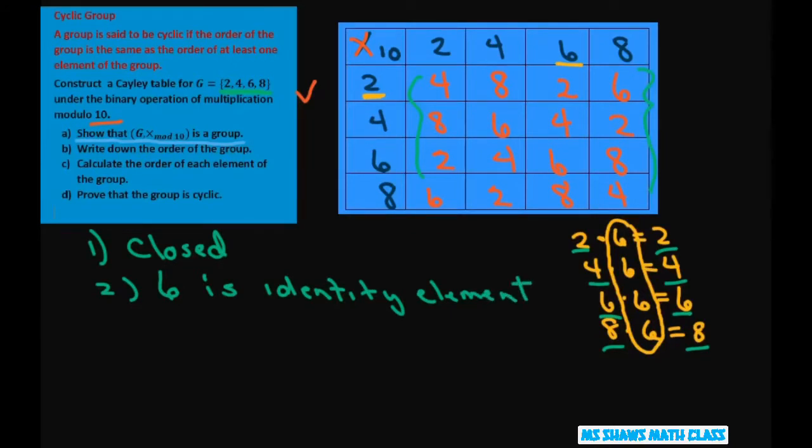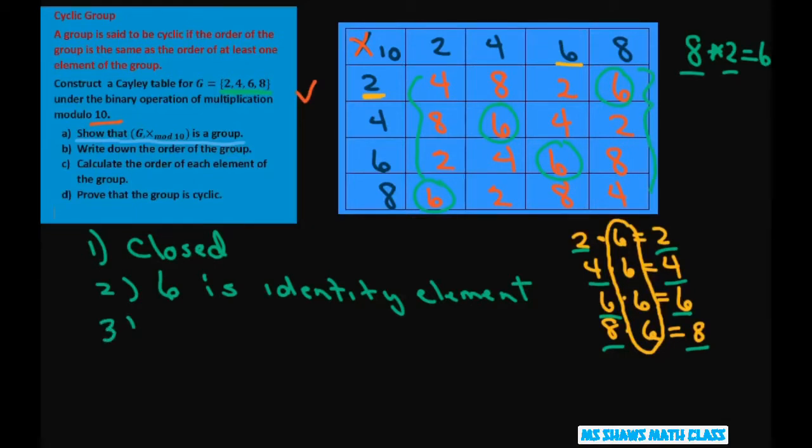Now, what else do we have to show? 6 occurs once in every row and once in every column. Hence, every element has an inverse. For example, 8 star 2 equals 6, so 8 and 2 are inverses.